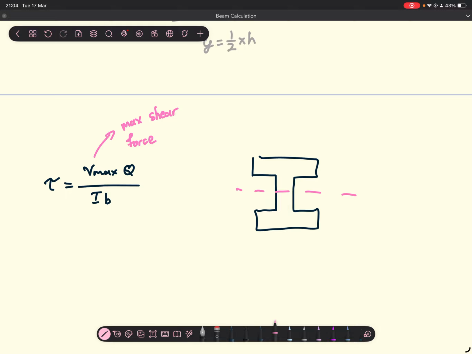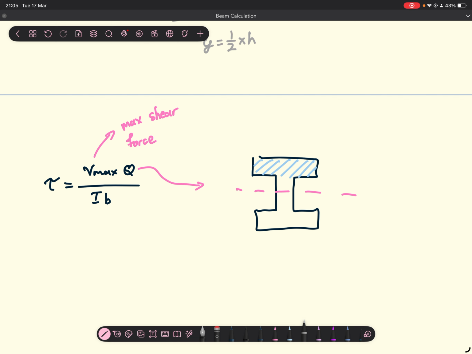Then Q is basically the distance from... okay, it's kind of tough to explain, but let's break this down. Over here you have a section with a uniform width, and the same over here, you have a section with a uniform width. Okay, so Q is going to be based on the area of one section with a uniform width.